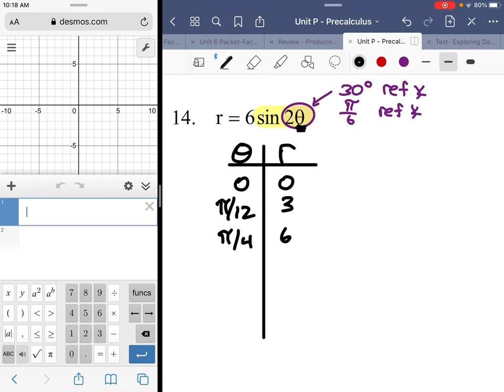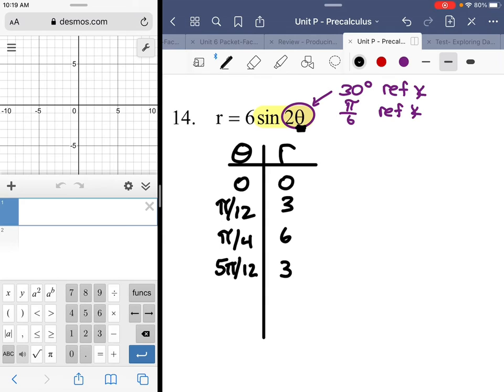And some people are, and that's okay. The next nice value around the unit circle that I would want would be 5 pi over 6. But again, I want 2 theta to be equal to 5 pi over 6. So 5 pi over 12 is what I should put in for theta, because when I double it, that gives me 5 pi over 6, which has a sine value of 1/2. 1/2 times 6 is equal to 3.